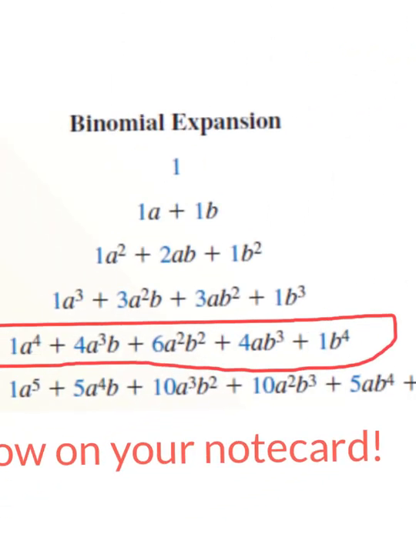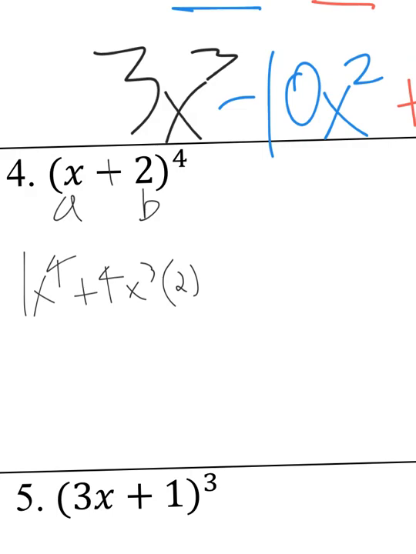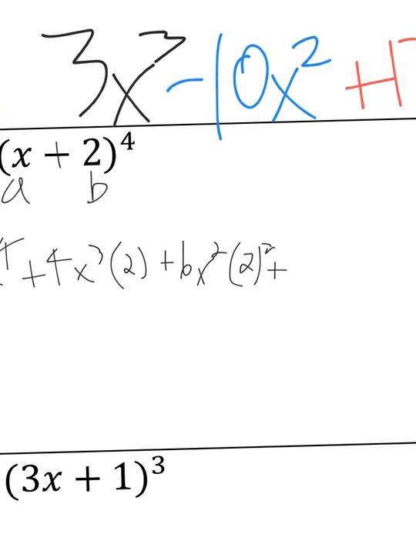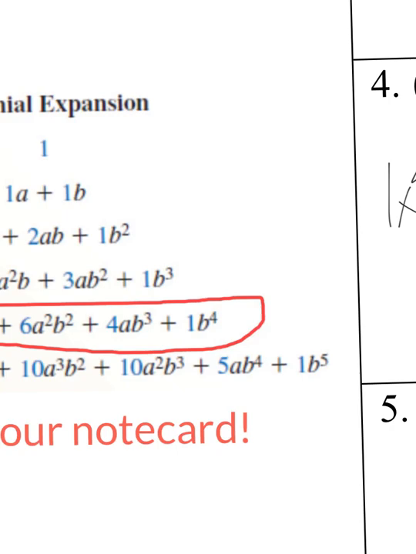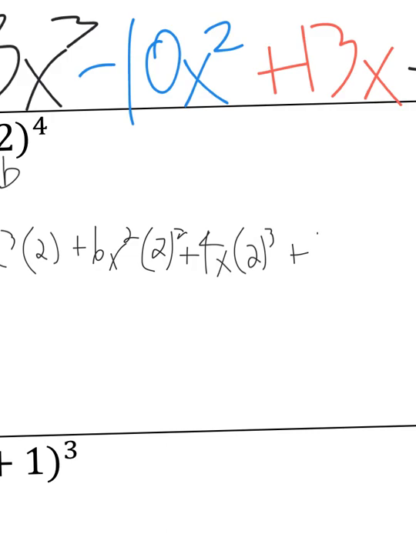And then 6a squared b squared, plus 6a squared is x squared, b squared is 2 squared, plus 4a b to the third. So 4x 2 to the third. And then plus 1b to the fourth. Plus 1 times 2 to the fourth.